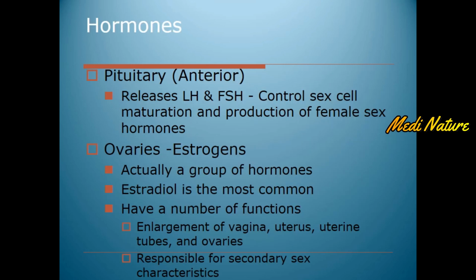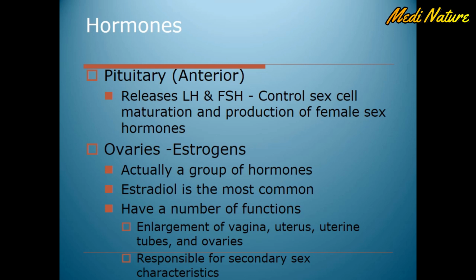What are the hormones related to the female reproductive system? The anterior pituitary gland releases luteinizing hormone and follicle-stimulating hormone, which control sex cell maturation and also the production of female sex hormones. Other than that, the ovaries secrete estrogen.